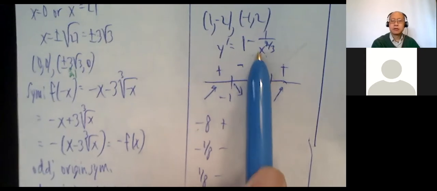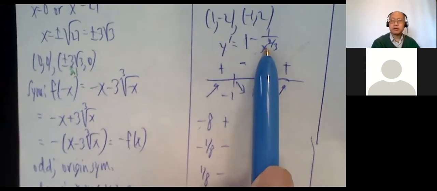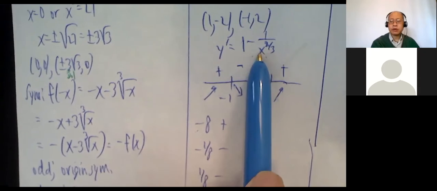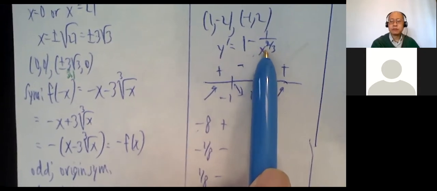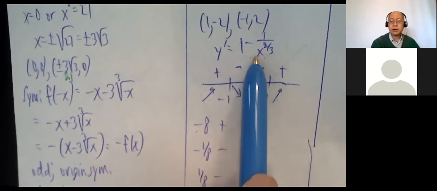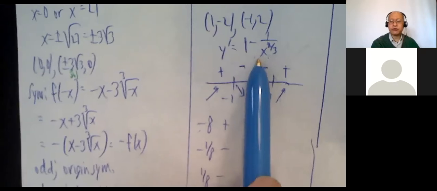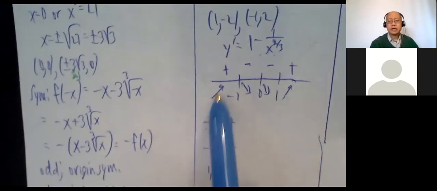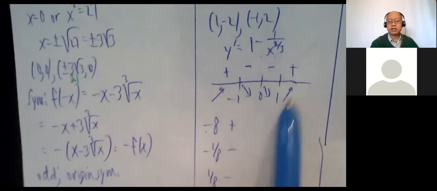Plug in -1/8. Cube root, -1/2. Square it, 1/4. 1 divided by 1/4 is 4. 1 minus 4, negative. Positive, negative, negative, positive. Increasing, decreasing, decreasing, increasing.